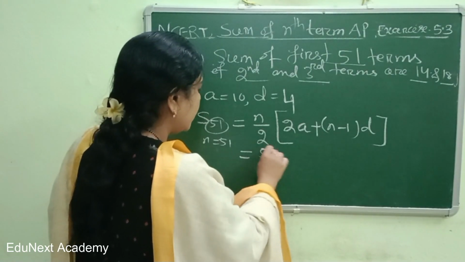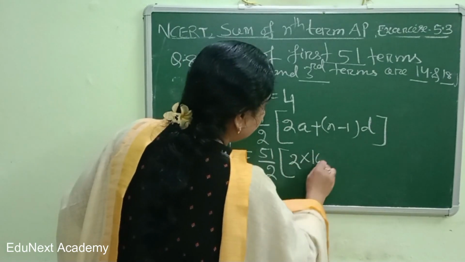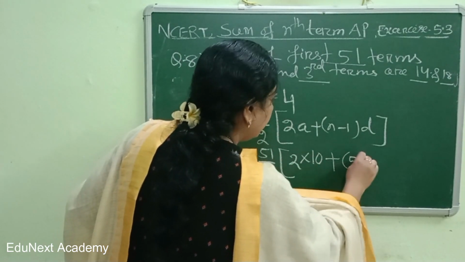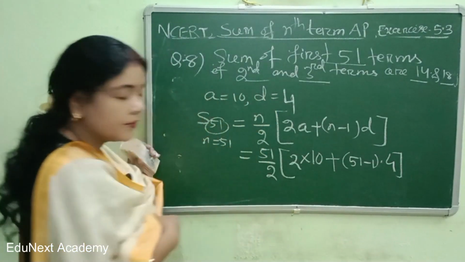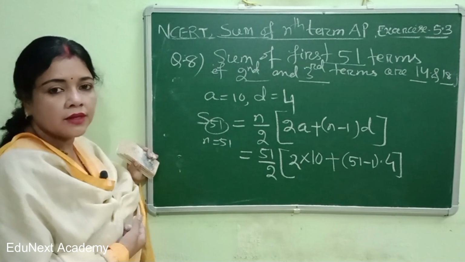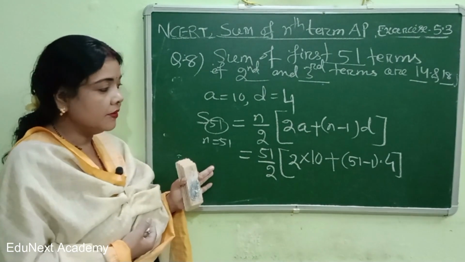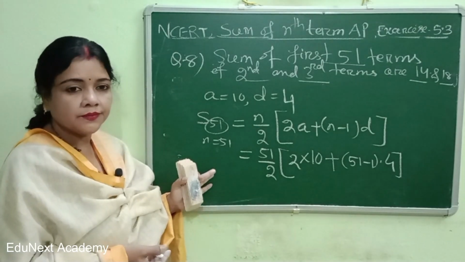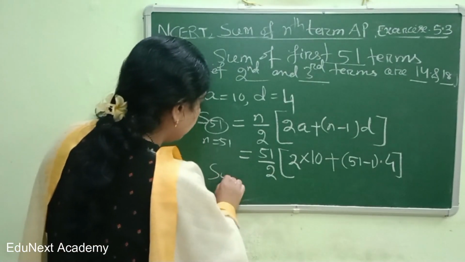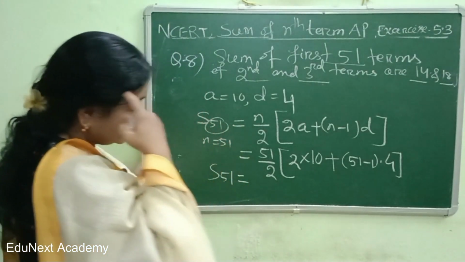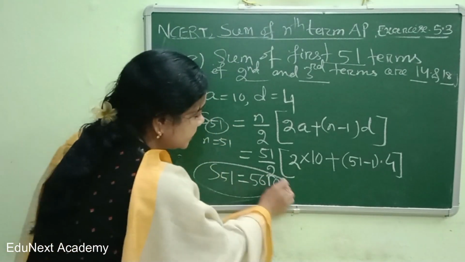So 51 by 2 whole into 2 into 10 plus 51 minus 1 into 4. Now you know how to solve this, it is general addition, subtraction, multiplication. So the final answer is S51 equal to 5610.